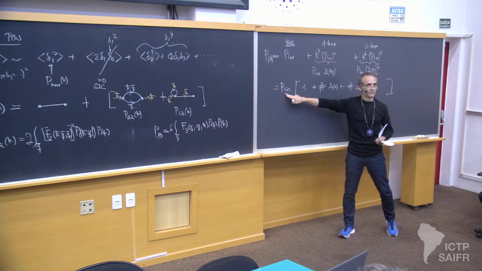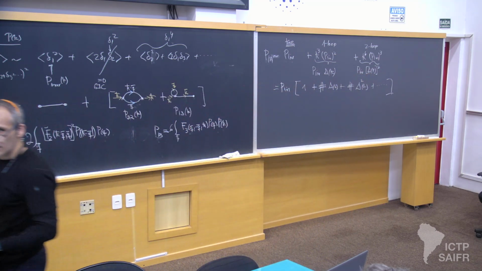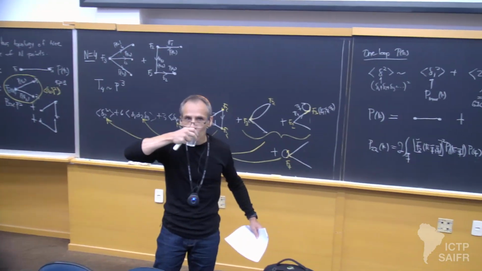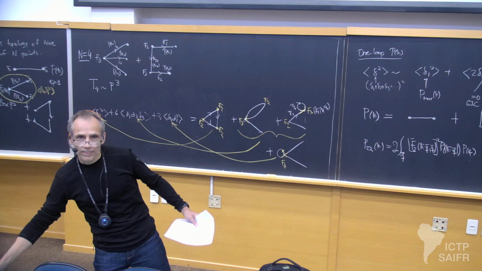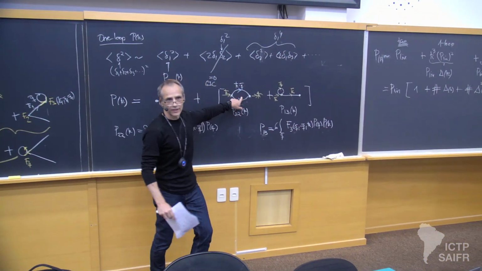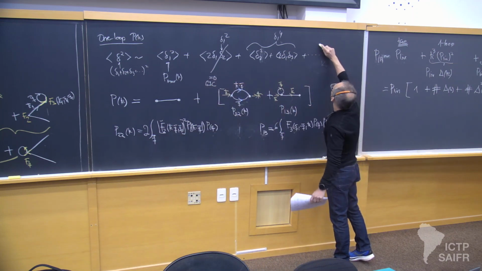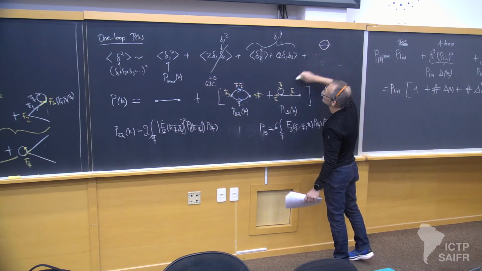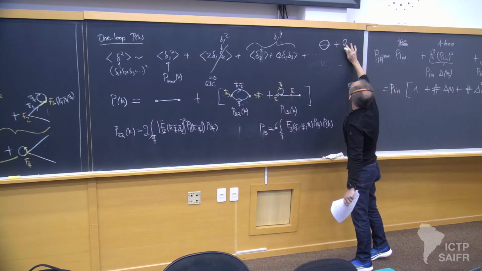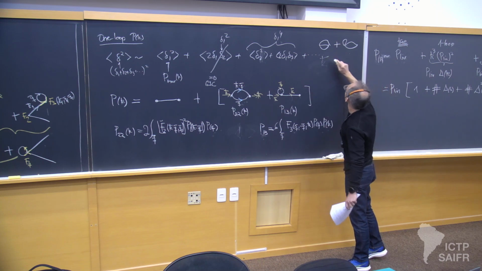Any questions about this? Sorry? Yeah, how many loops you have. So if I add one more link, for example, I will have something like this. If I add it here, I can have something like this.